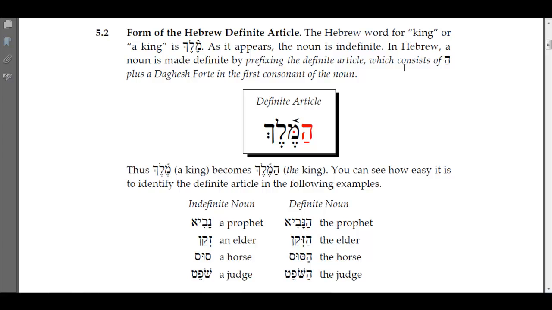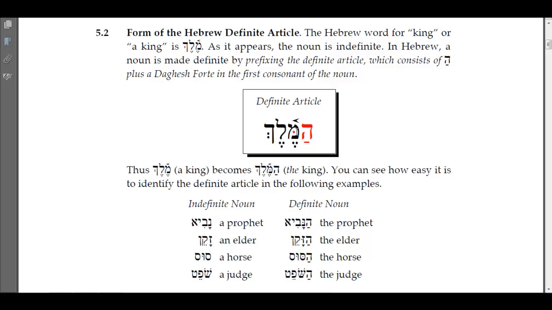But in Hebrew, a noun is made definite by prefixing the definite article to the noun, which consists of the hey and the patach, plus a dagesh forte in the first consonant of the noun. Here, highlighted in red, you have the letter hey, the vowel patach, which is a short vowel, and then you have the dagesh forte.